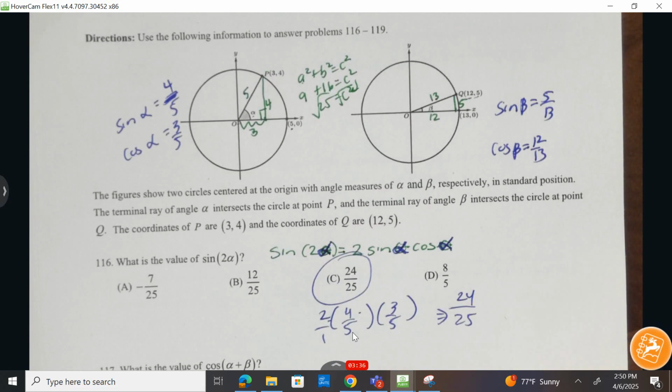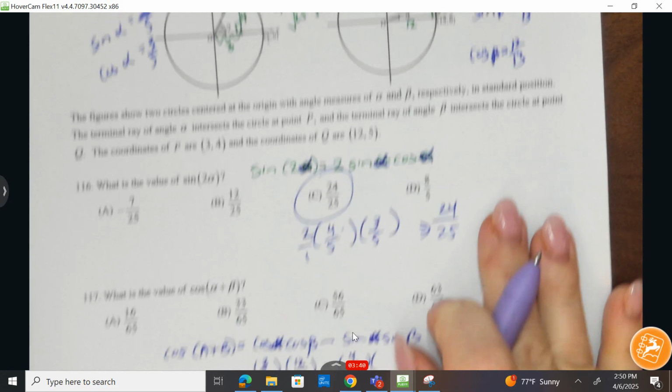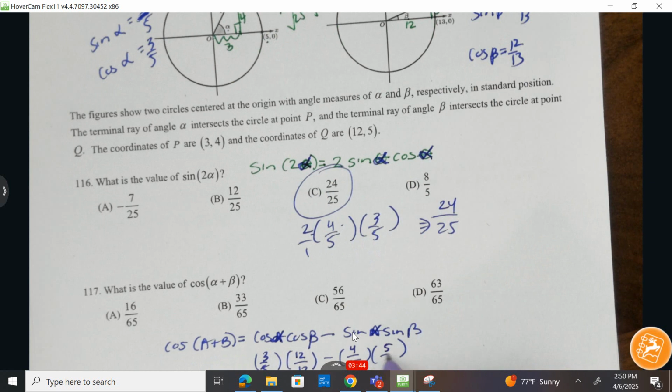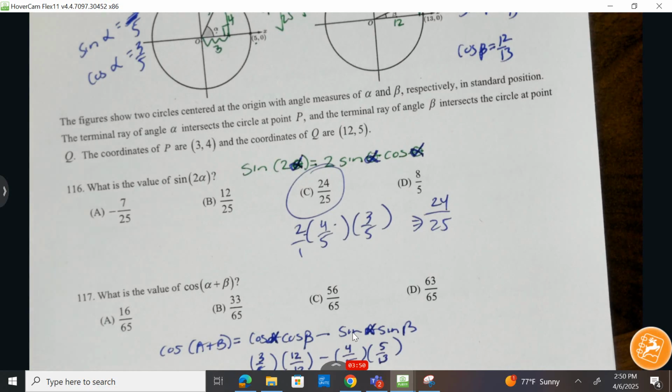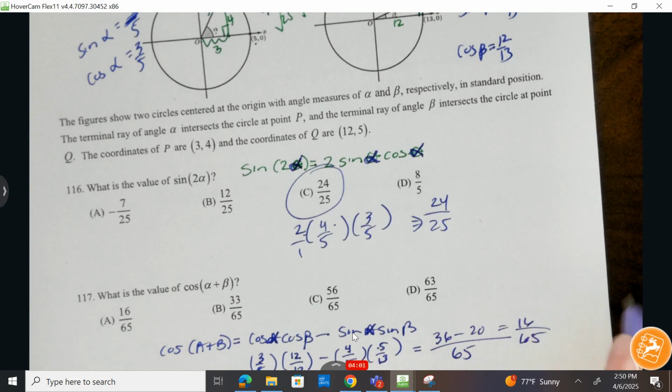Then the sine is 4/5. Don't rush so much and make a small mistake inputting the wrong value. And then the sine is 5 over 13. The nice thing is I can see already that I'm going to have a common denominator, and that's 65. Now 3 times 12 is 36, and 4 times 5 is 20. If we subtract, we get 16 over 65, and the correct answer is A.